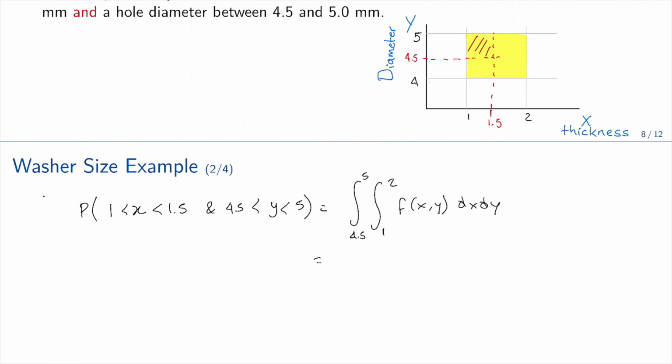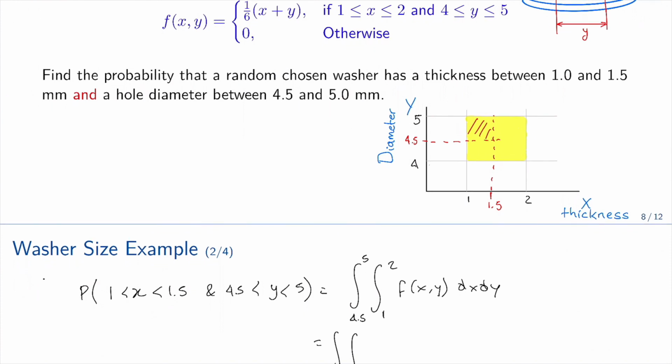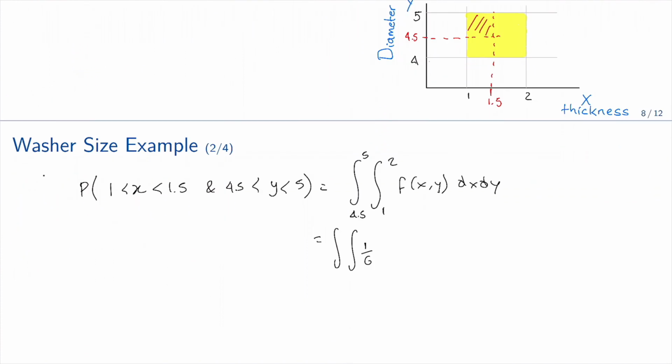Now we have to replace f of x y by its value. So the integrand from above is 1/6 multiplied by x plus y, dx dy, and the limits are 1 to 1.5 for x and 4.5 to 5 for y.